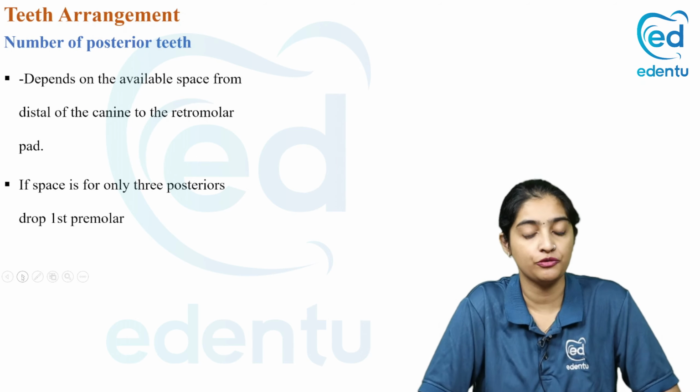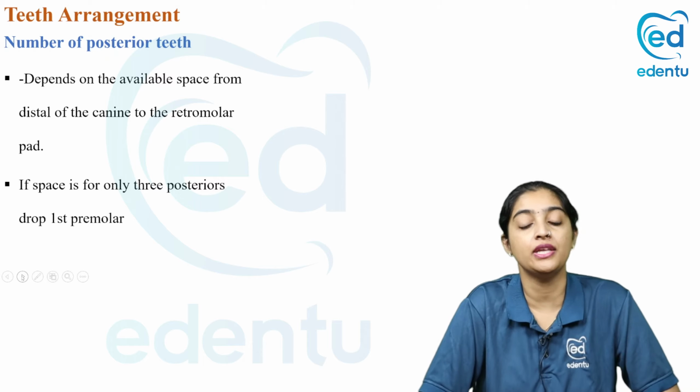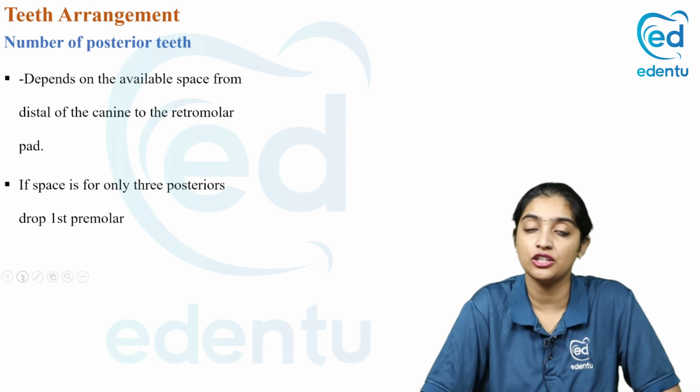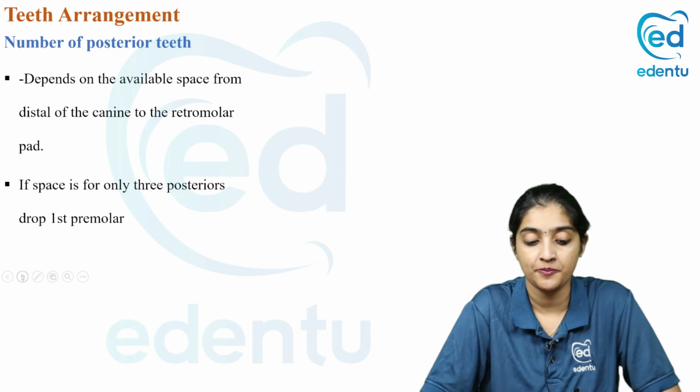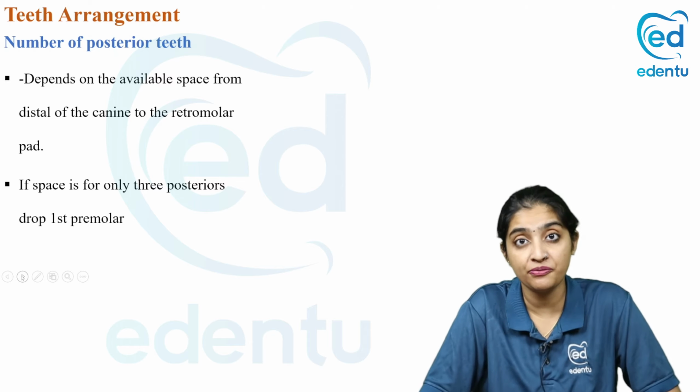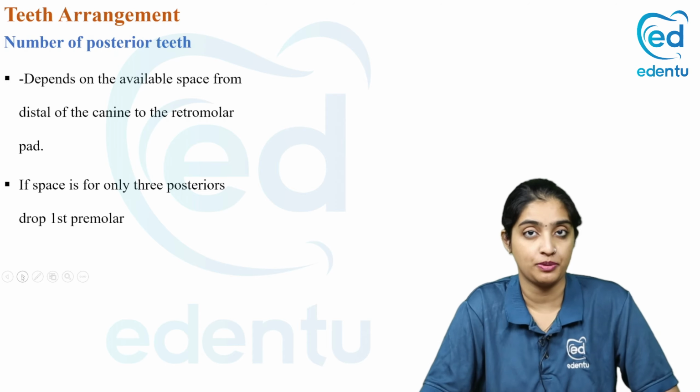Coming to the number of posterior teeth, it depends on the space available from the distal of the canine to the retromolar pad in the lowers. If the space is there only for three posteriors, preferably drop the first premolar.